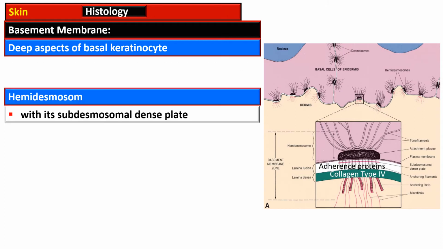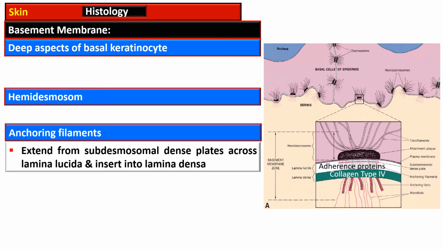Then the hemidesmosome along with its subdesmosomal dense plate, that is marked by this red plate in this picture just beneath this blackish desmosome. Then anchoring filaments. These anchoring filaments extend from the subdesmosomal dense plate across the lamina lucida, and they insert into this greenish lamina densa.